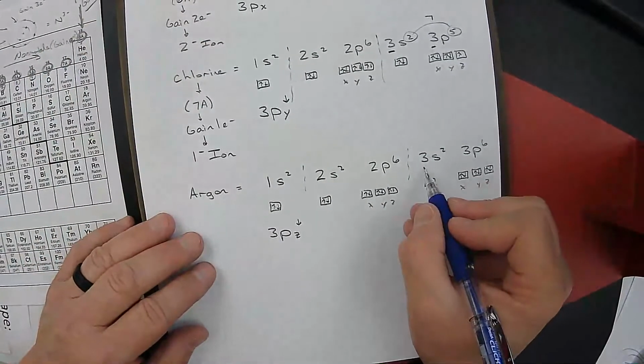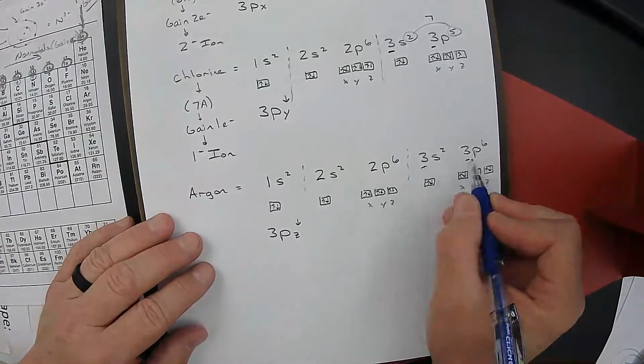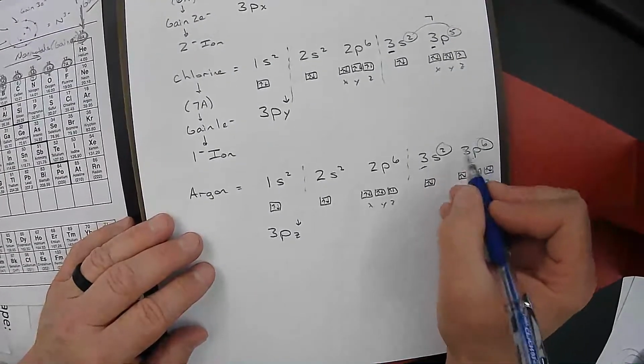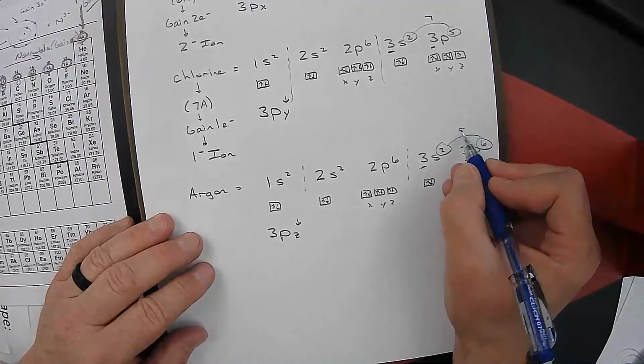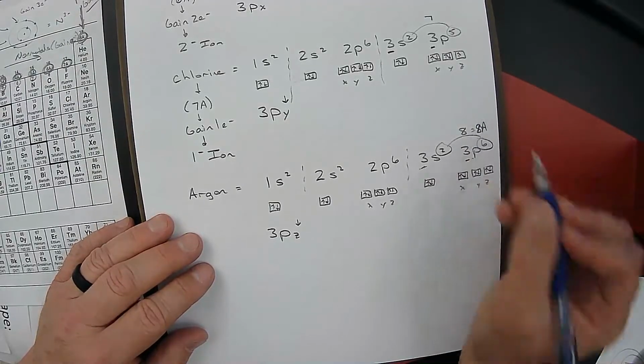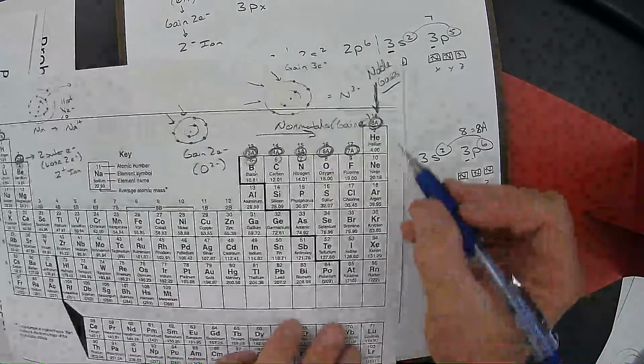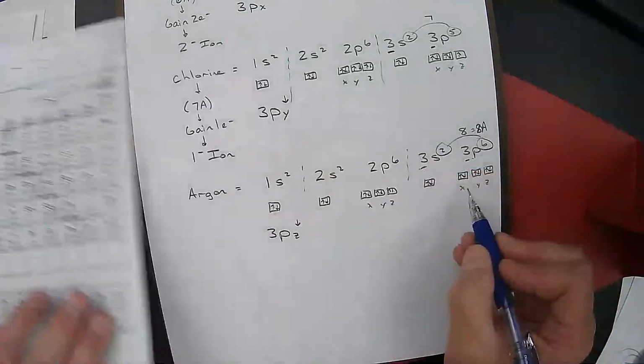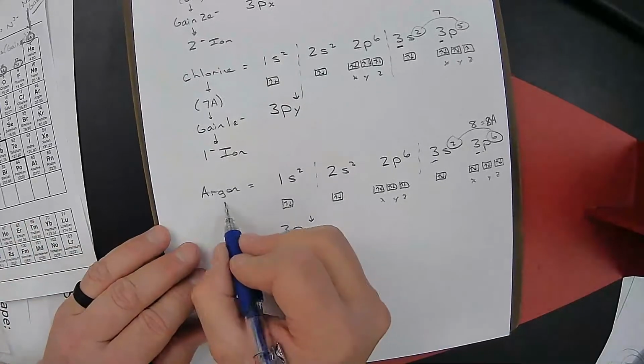Now notice, in that third outer principal quantum number, there are 2 electrons and 8 electrons. That's why we place this in column 8A. Column 8A is completely full.